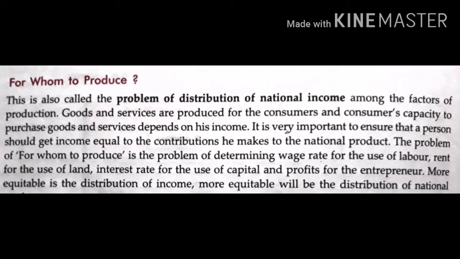When we move to the second line, it is written that goods and services are produced for consumers, and consumers' capacity to purchase goods and services depends on their income.